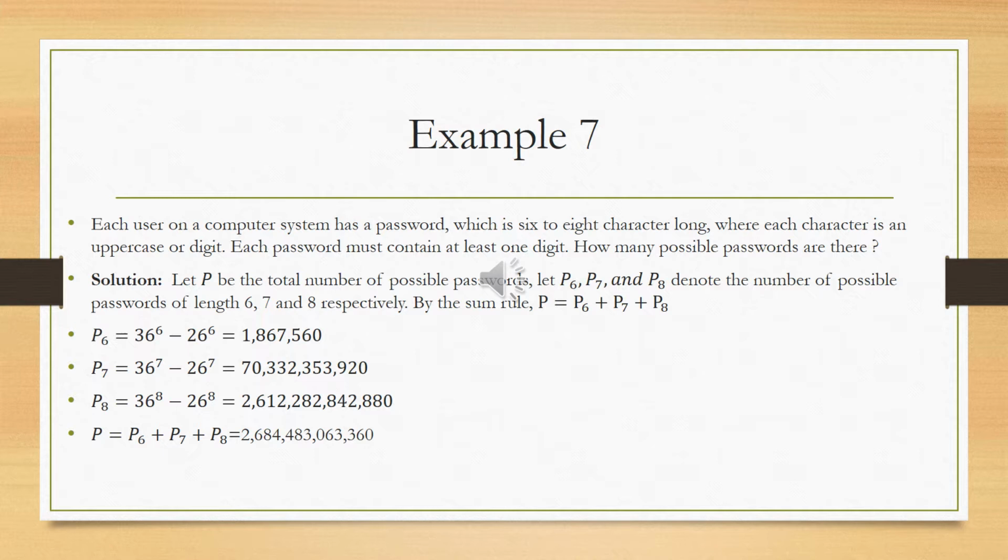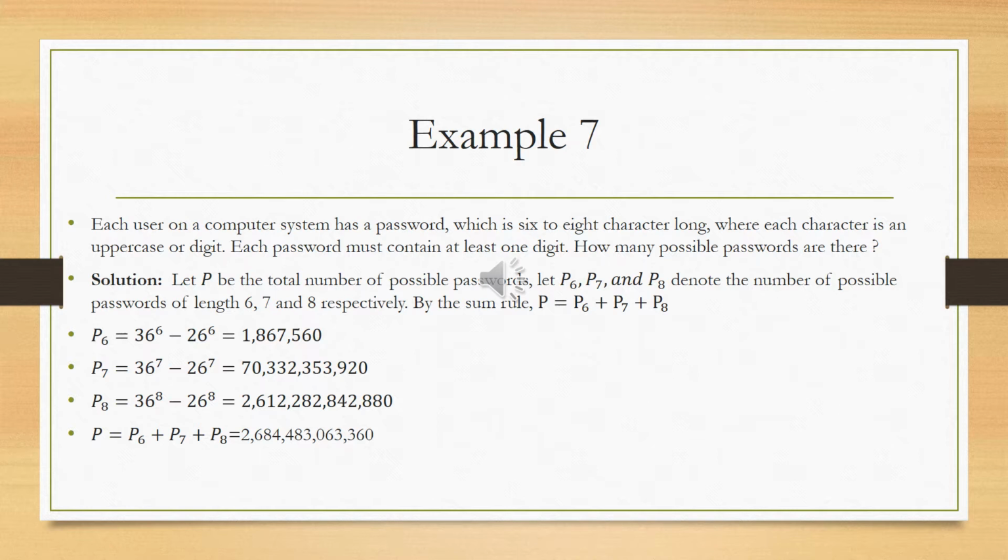Solution: let the total number of passwords be P. Let P6, P7, and P8 denote the number of possible passwords of length 6, 7, and 8 respectively. By the sum rule, the total number of passwords is equal to P6 plus P7 plus P8.